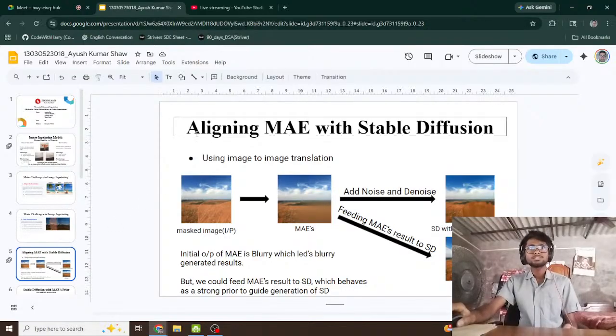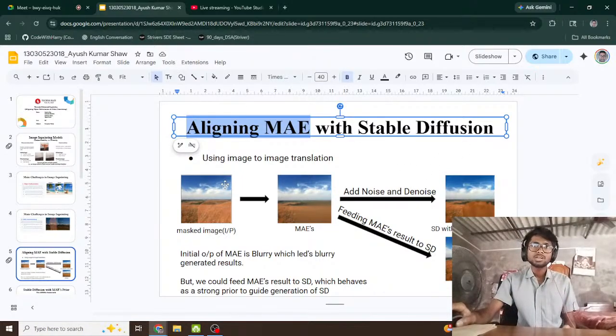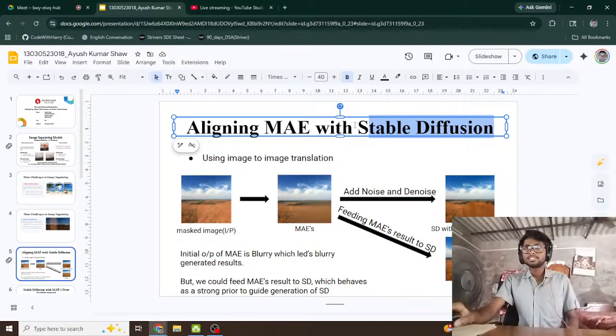The hallucination problem was handled by aligning the MAE prior with the stable diffusion. The authors found that if we somehow give the masked prior to the stable diffusion process and then generate the picture, the stable diffusion has a better context rather than simply having the textual context only.